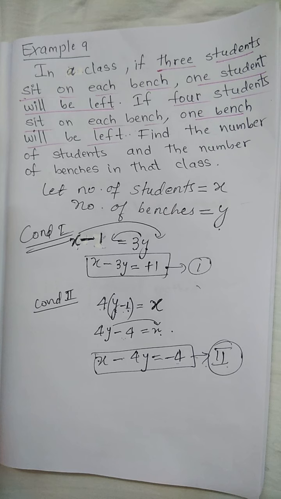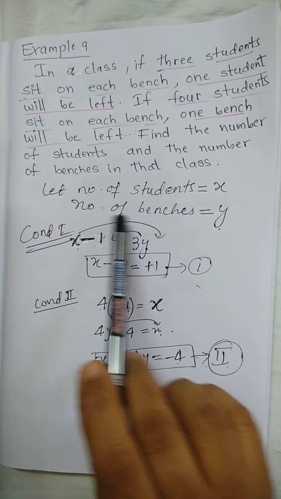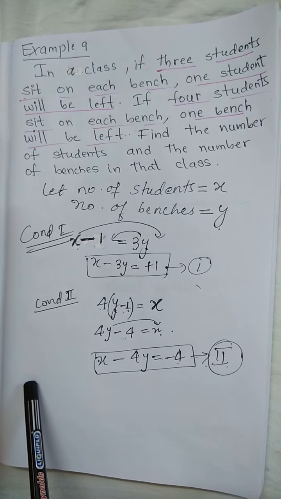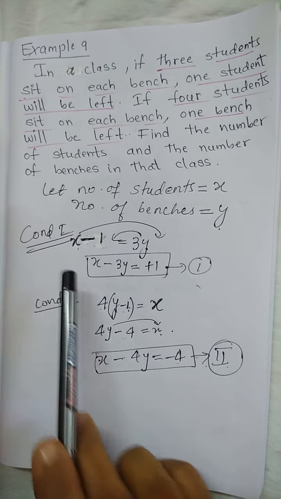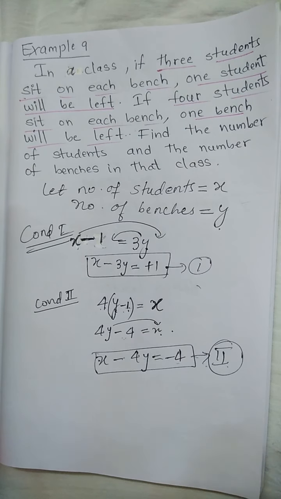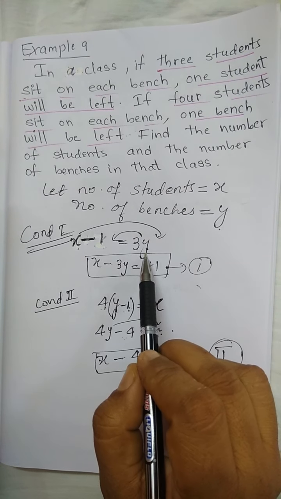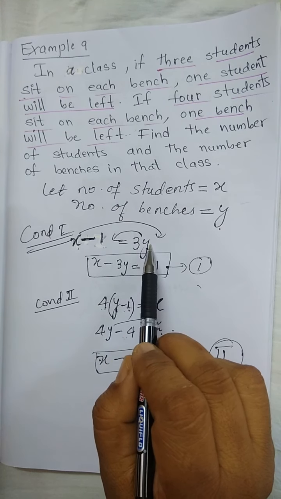Let us see. First, let us take the number of students as x and the number of benches as y. Now, what is condition 1? Condition 1 is that if three students are sitting on each bench, one student is left. Means if the number of benches is y, then total students sitting on those benches are 3y.